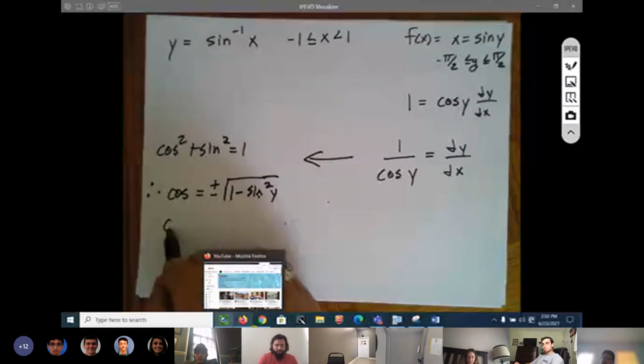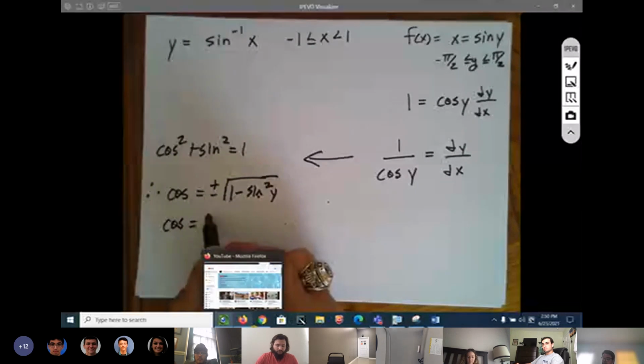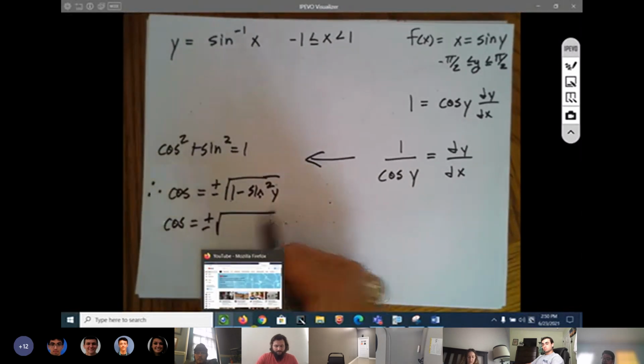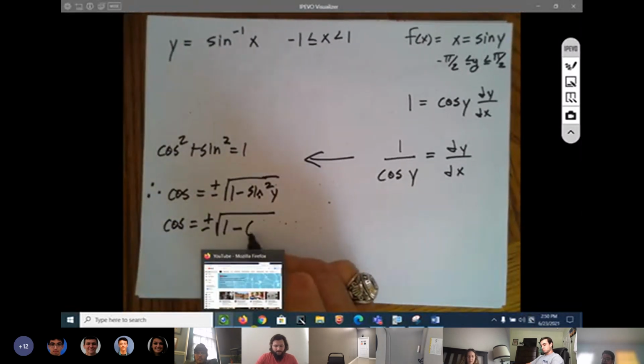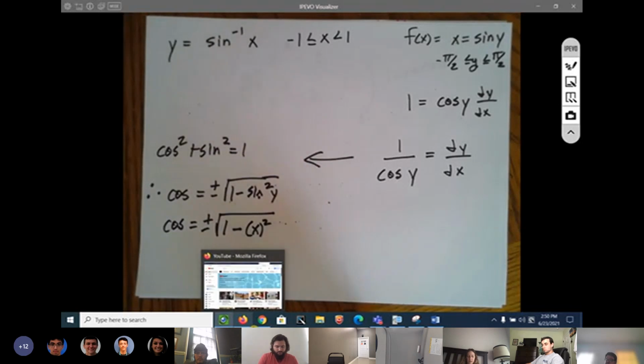So cosine is equal to positive or negative square root of 1 minus x squared.